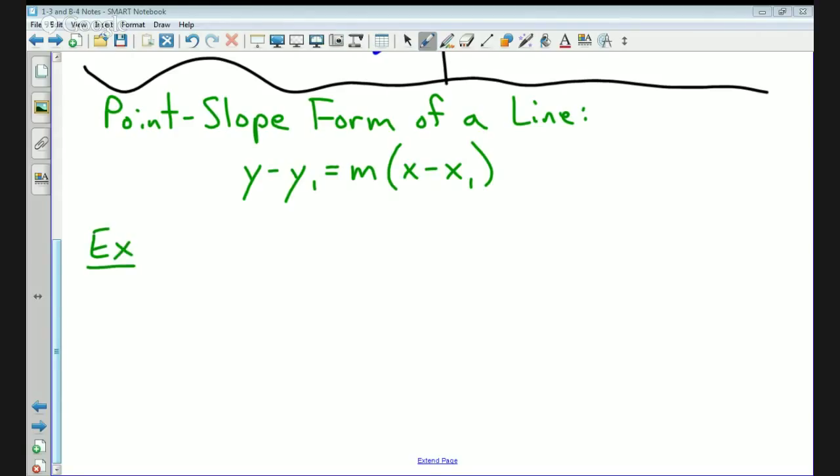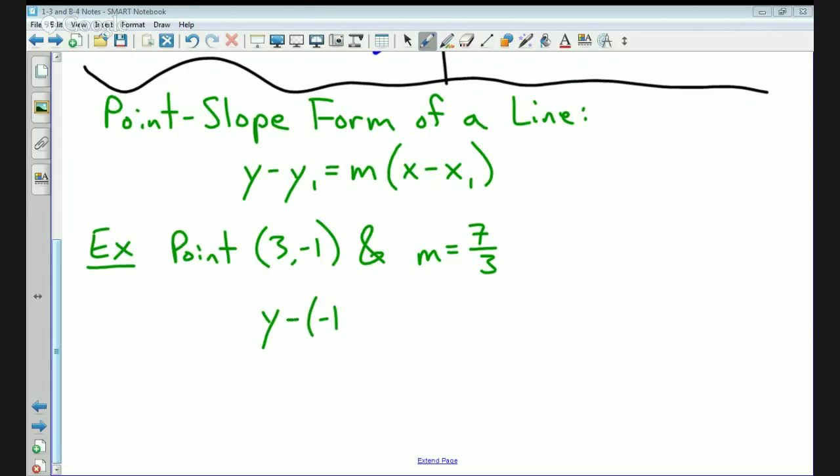If you're given a point (3, -1), and your slope is given to you as 7/3, then y minus a -1 equals 7/3 times this quantity, x minus 3, and you have completed the point slope form of the line.